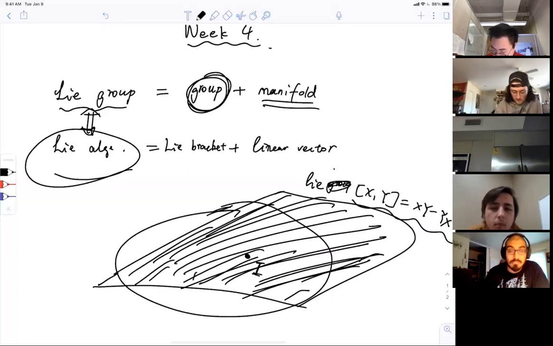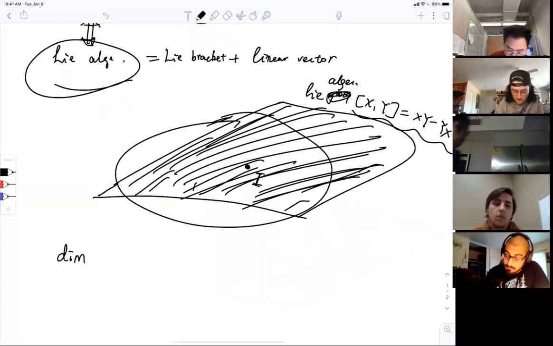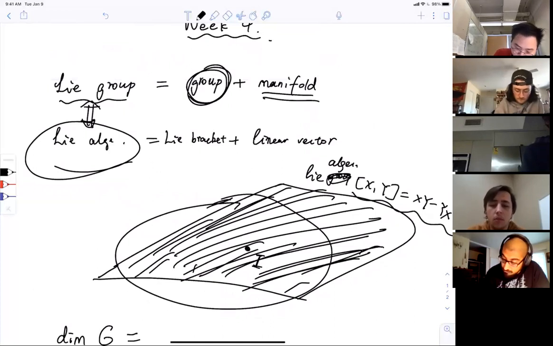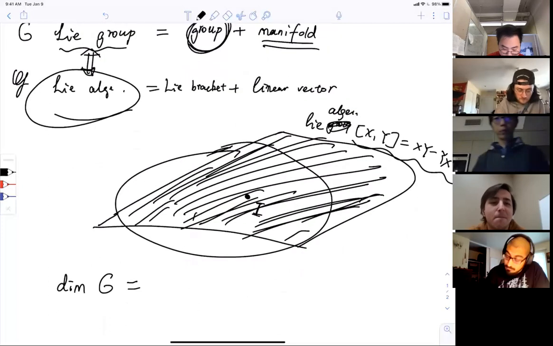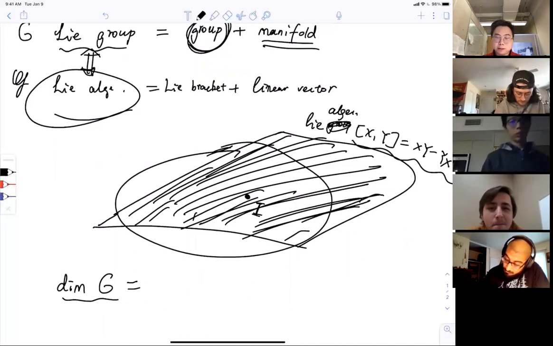By the way, if we denote the Lie group as capital G, we usually denote this Lie algebra as a curly G. The dimension of the Lie group corresponds to the number of free parameters of the group.